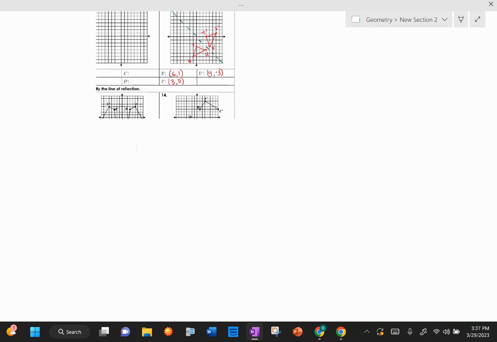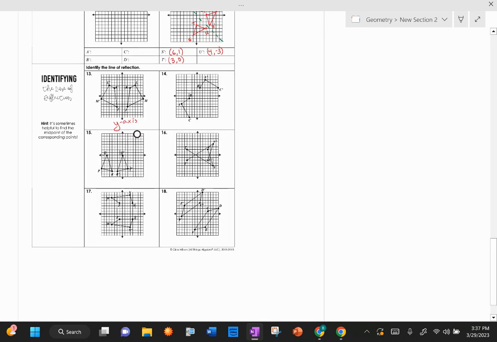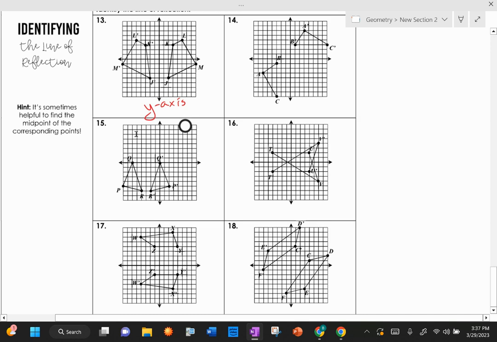Vincent, make sure that you do 13 through 18. You are just naming what the line of reflection is, naming which line you are flipping over. It could be the diagonals, so you'd say y equals x or y equals negative x, the specific diagonal.